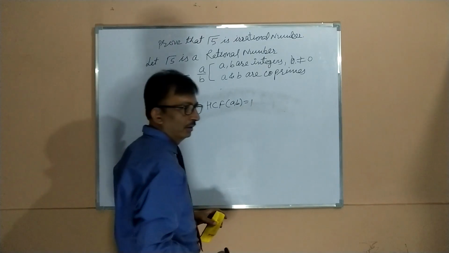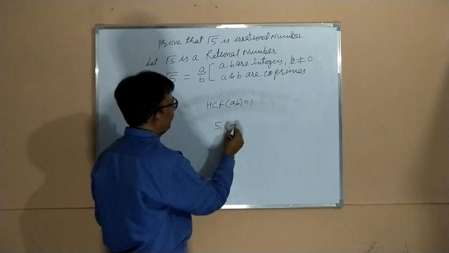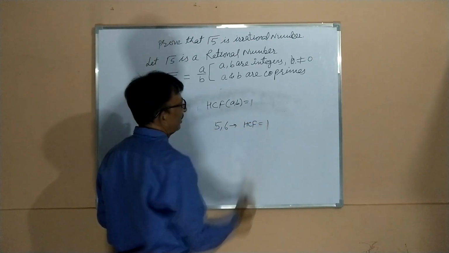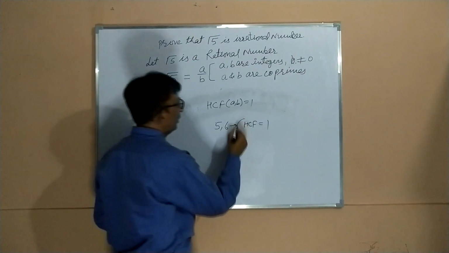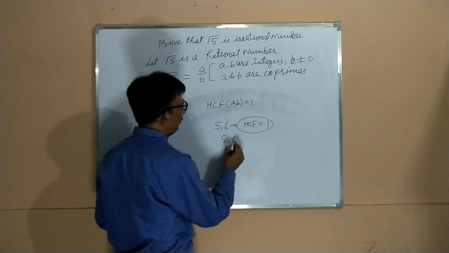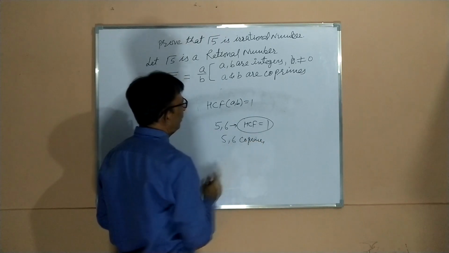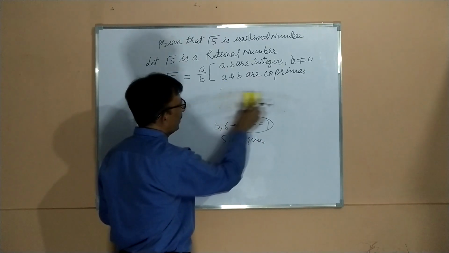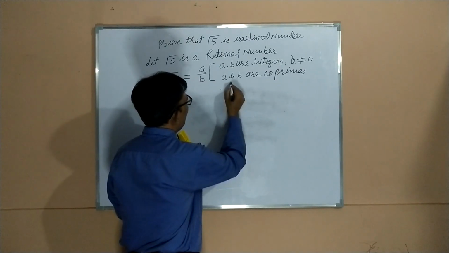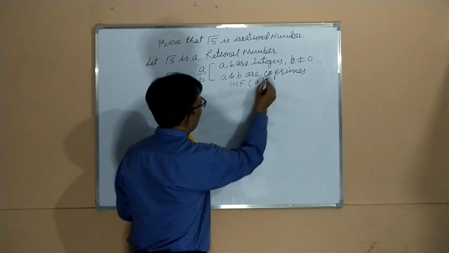For example, for the numbers 5 and 6, if we find the HCF, it becomes 1, so 5 and 6 are co-prime numbers. So here we will take a and b as co-prime, that is, HCF of a and b is 1.